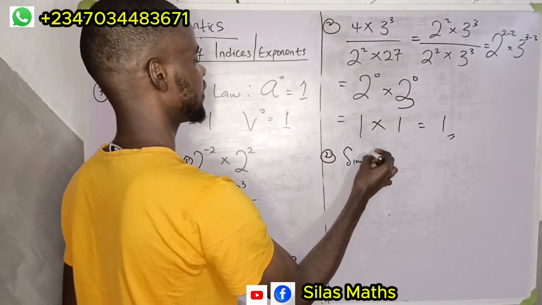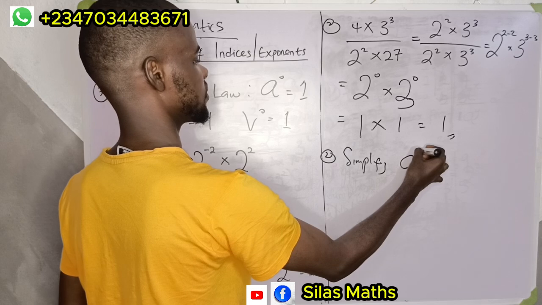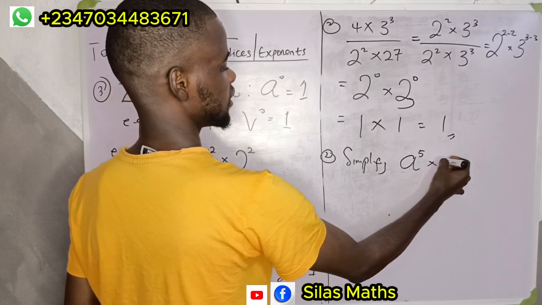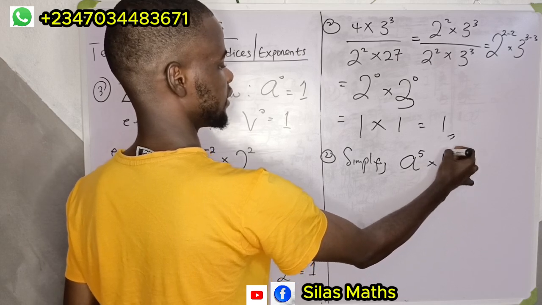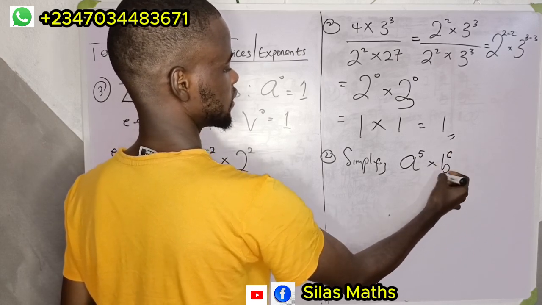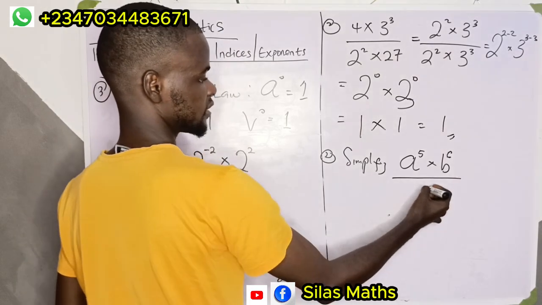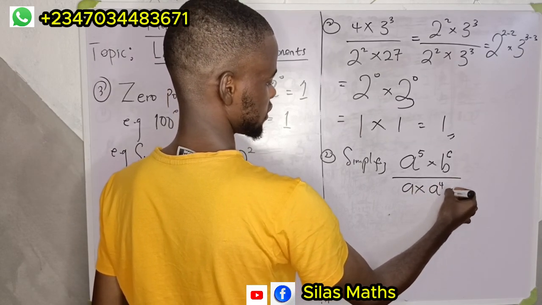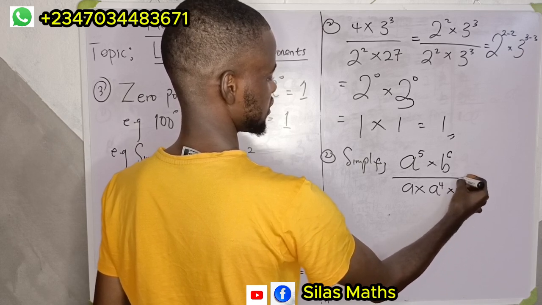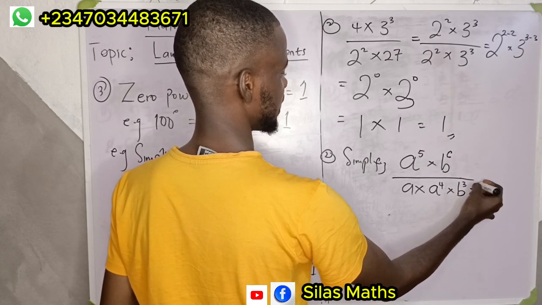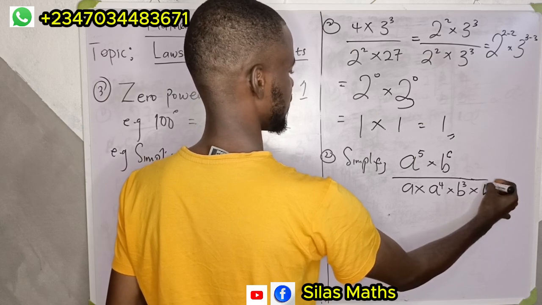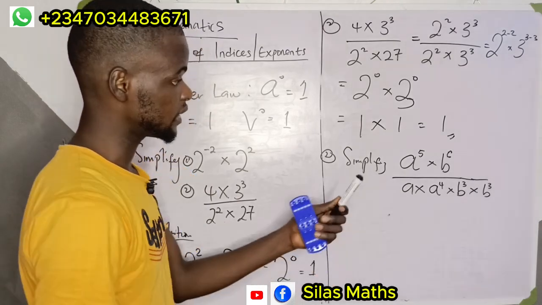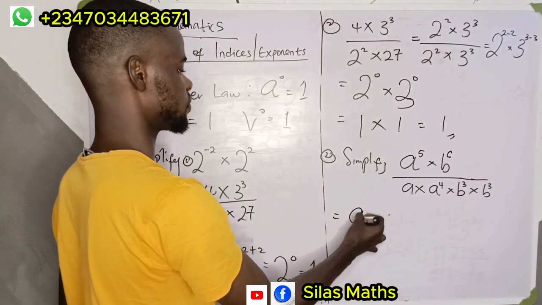Number 2, simplify a to the power of 5 times b to the power of 6 divided by a times a to the power of 4 times b to the power of 3 times b to the power of 3. This kind of problem, we are dealing with variables now. So for the numerator, this will give me solution.